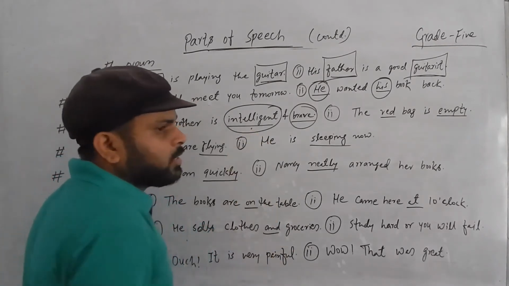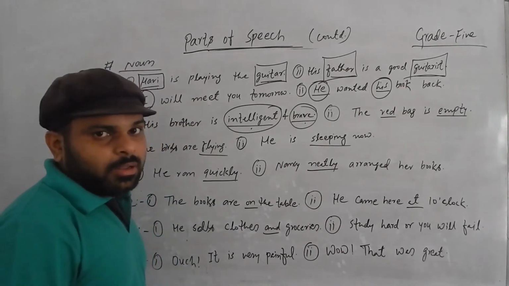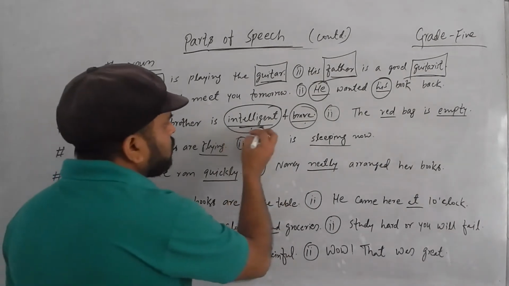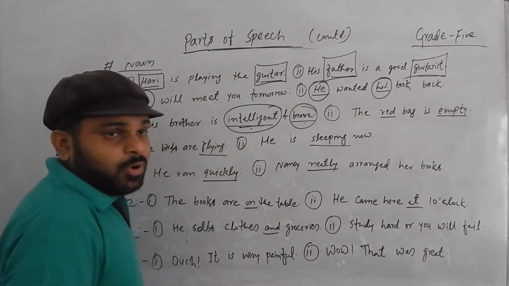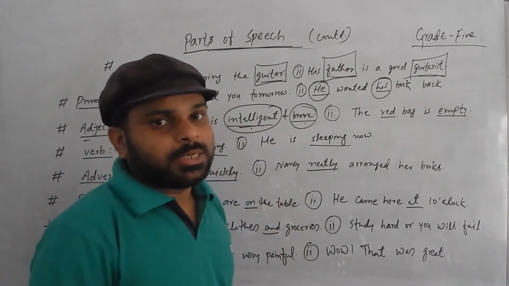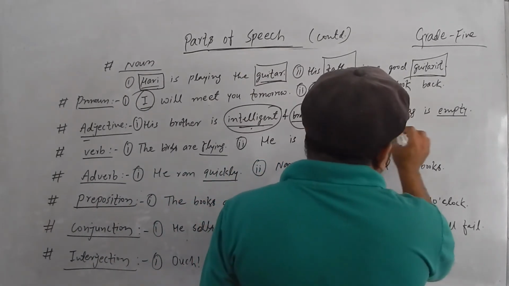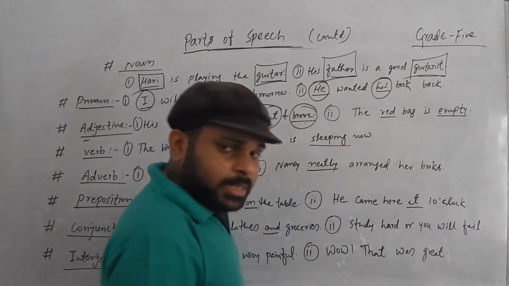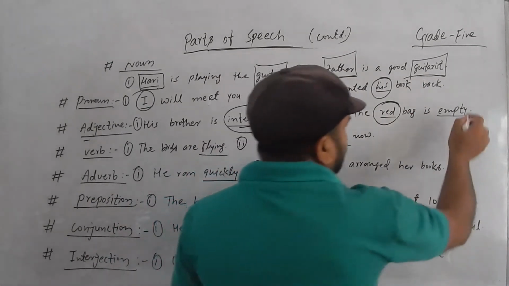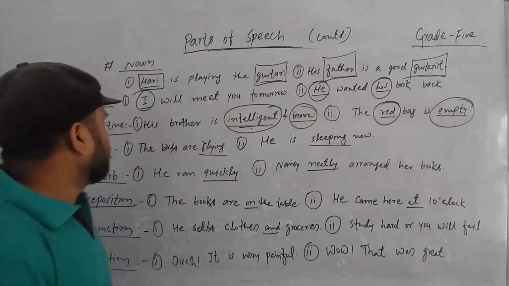Intelligent is a quality and brave is a quality as well. You have read in your definition that an adjective is a word that comes with some qualities of a noun. Next, the red bag is empty. In this sentence, the words red and empty are adjectives.